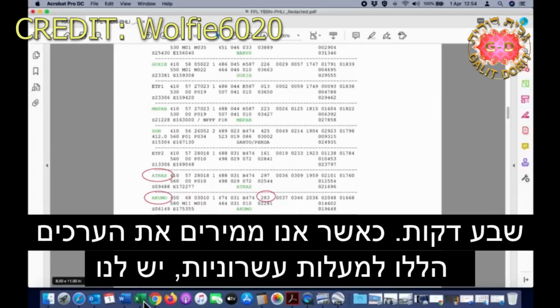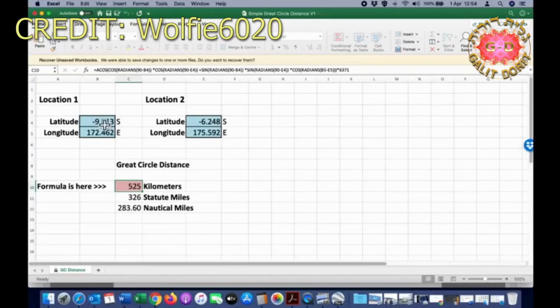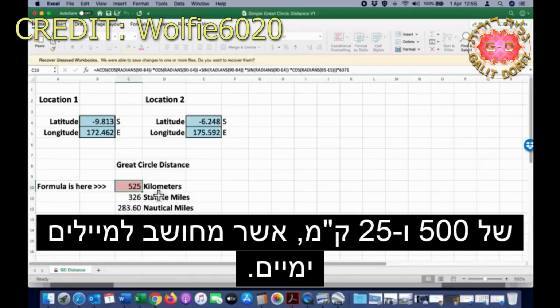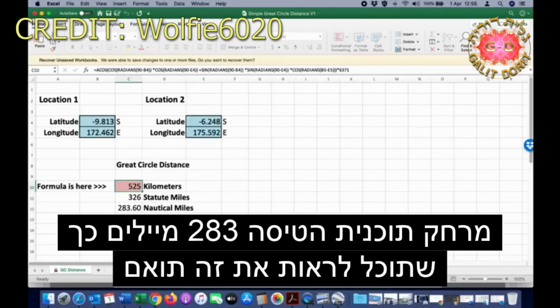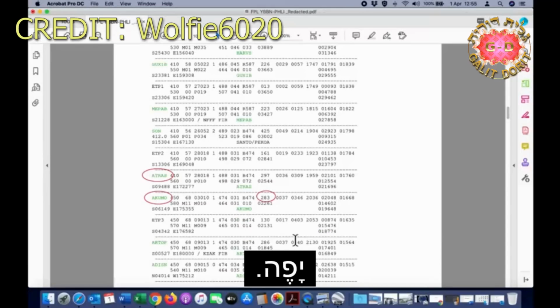When we convert those values to decimal degrees, we have these figures, and when put into our calculator, you can see it results in a distance of 525 kilometers, which calculates to nautical miles 283.6. The flight plan distance, 283 miles. So you can see it matches beautifully.